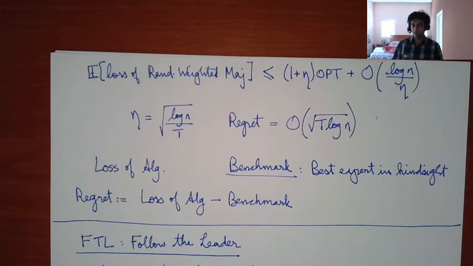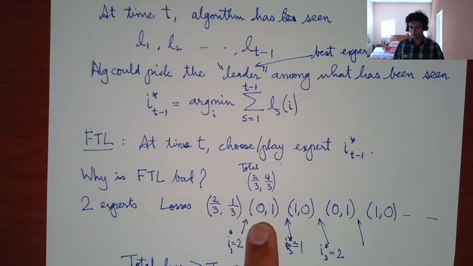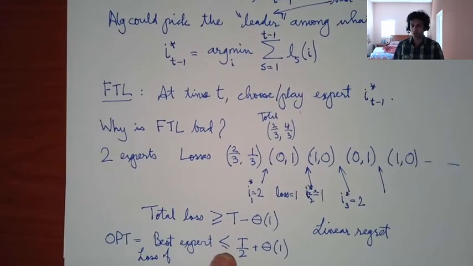Because of the randomization, half the time it's going to pick the right one. At some point you can imagine the distribution is just going to be half-half, and so in every round there's a probability half of having a loss of 0. So weighted majority will have a significantly smaller loss.